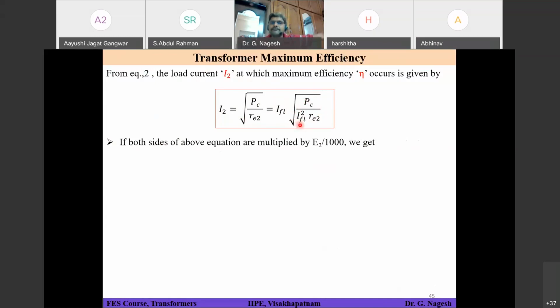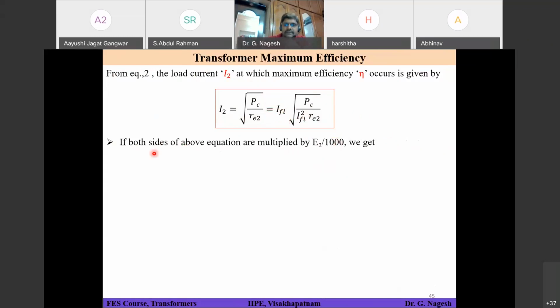Here the full load copper loss is IFL square into RE2, coming from the previous expression we have already seen. So I2 is equal to some N into IFL, where N is nothing but this fraction.